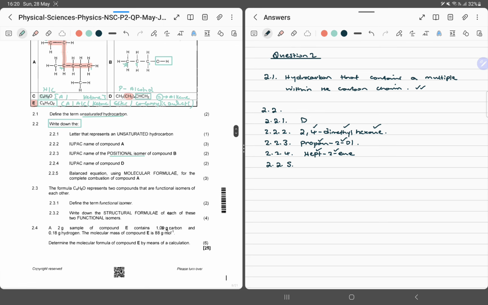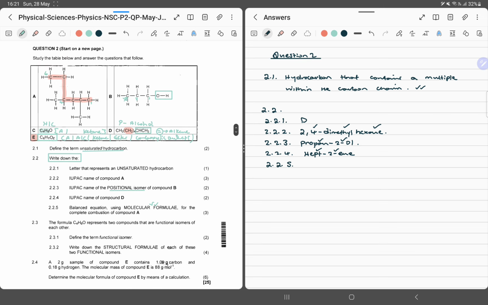2.2.5 says a balanced equation using molecular formulae for the complete combustion of compound A. Okay, now let's see how many carbons we've got there. 1, 2, 3, 4, 5, 6, 7, 8. Okay, we've got C8. So obviously this is an alkane, so it's going to be 8 by 2 is 16 plus 2 is 18.